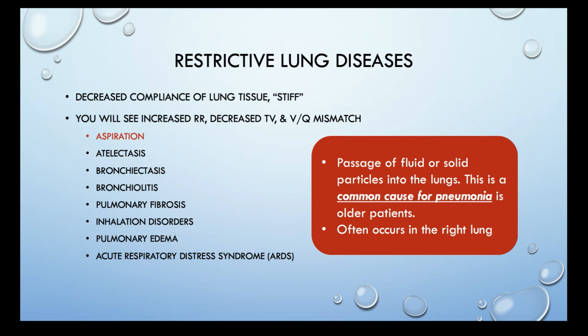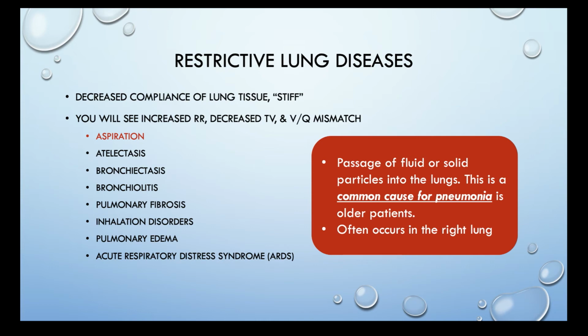It's the most common reason for pneumonia, especially in older patients, because maybe they've had a stroke, their muscle tissues are more lax, they don't have quick reflexes, so they end up aspirating what they're drinking. And that's why you'll see older people on thickened fluids, because we're concerned about them aspirating and ending up with a pneumonia. And it most often occurs in the right lung.